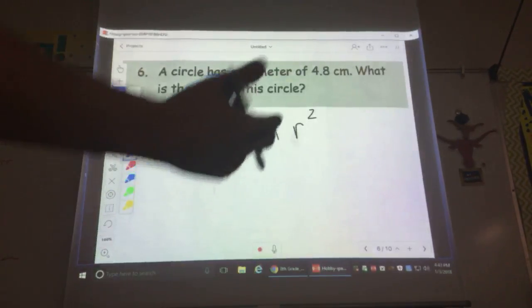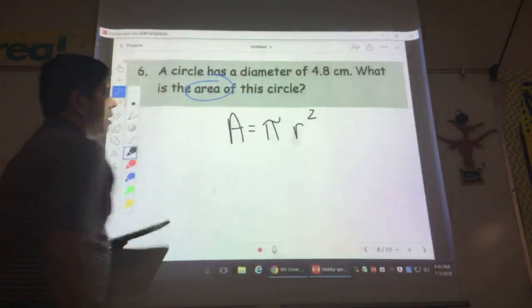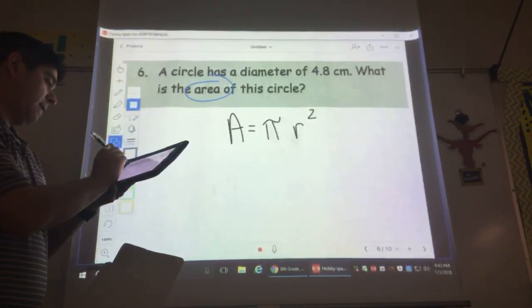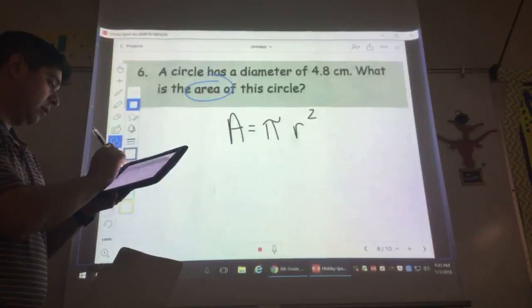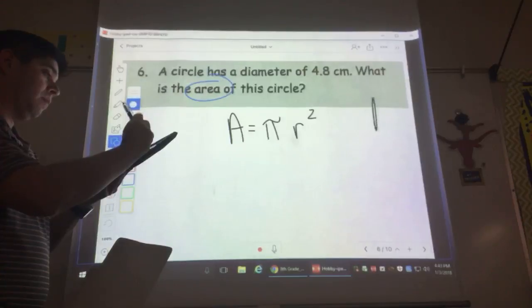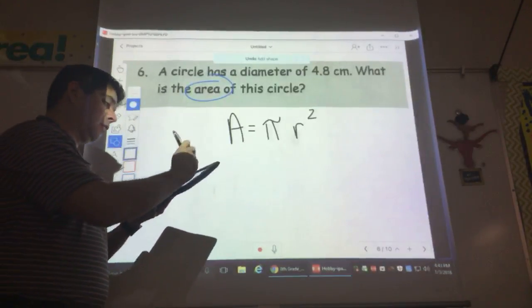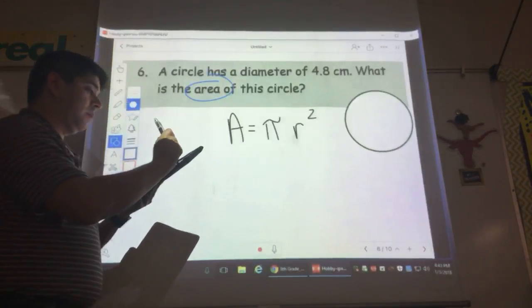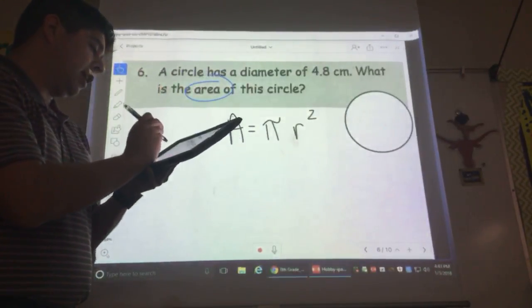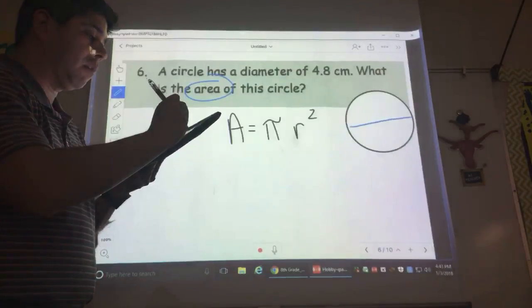I need to know the radius because I know what pi is, okay? So if we have a circle, I have my circle here. It says a diameter of 4.8. So 4.8 is my diameter, which means it goes all the way across.